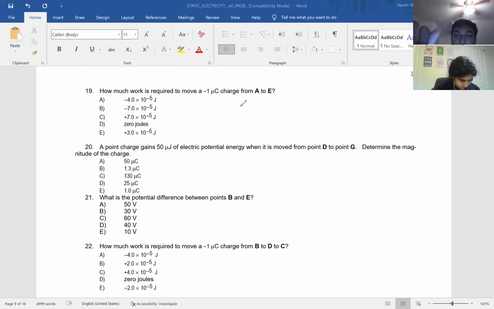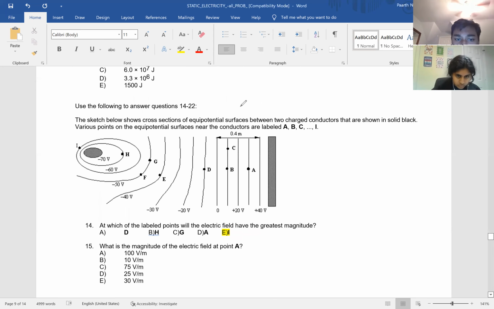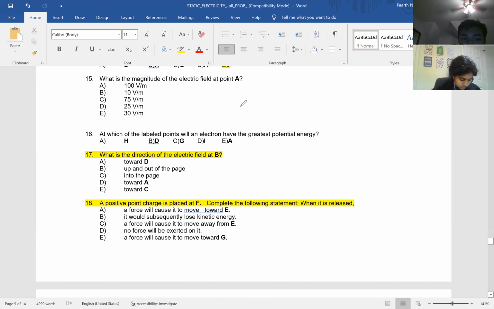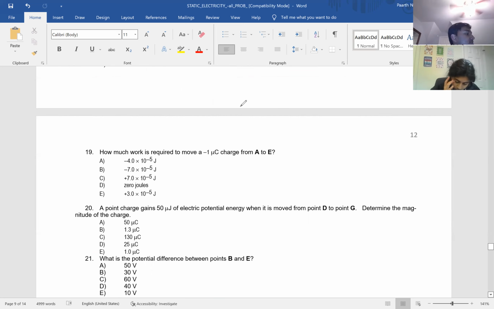So point charge gains, so from D to G. G is negative 50 volts and D is negative 10. So negative 50 minus negative 10 is negative 60, right?